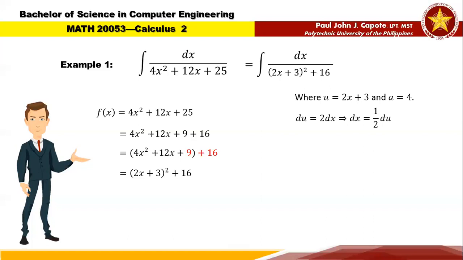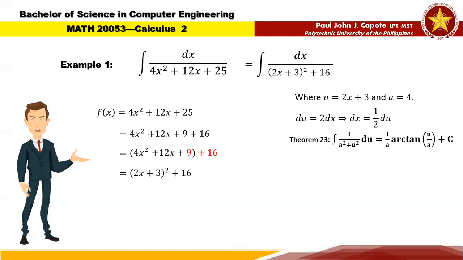Now differentiating u with respect to x, we get du is equal to 2 dx. And solving for dx in terms of du, we have dx is equal to 1/2 times du.